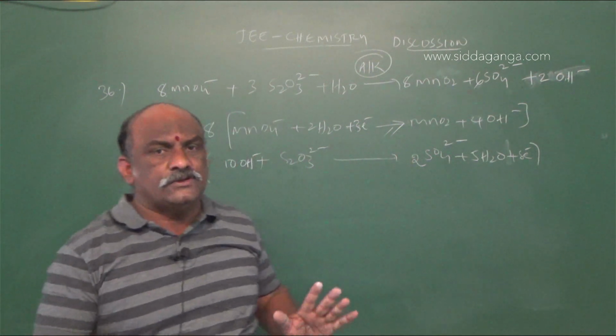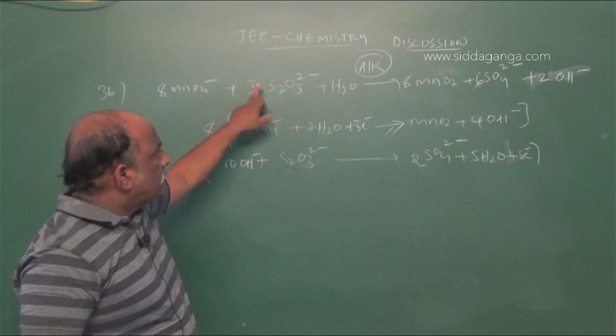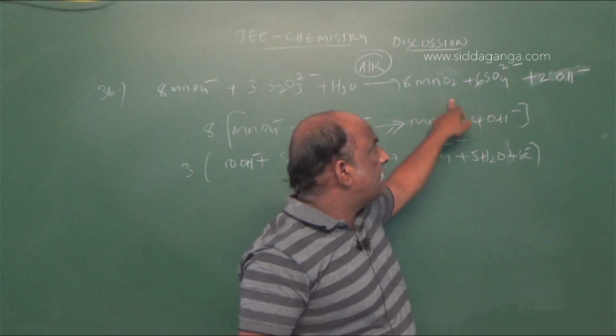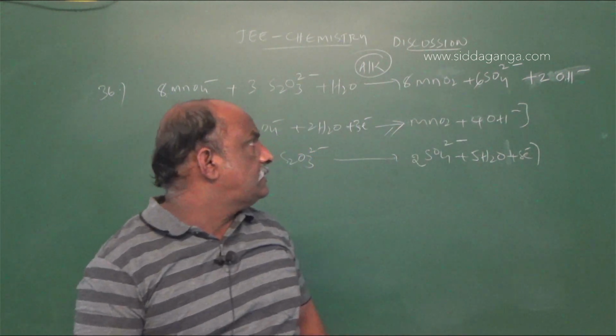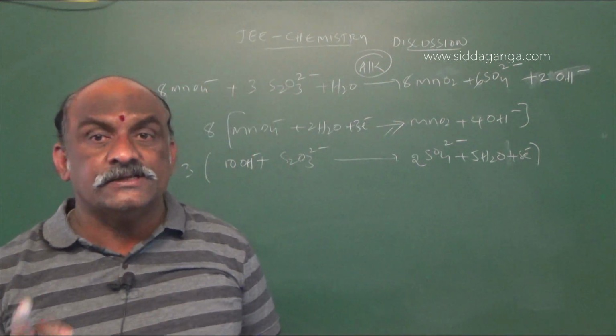This is what we required. So that's the standard equation: 8 permanganate plus 3 thiosulfate plus water gives rise to 8 manganese dioxide plus 6 sulfate plus 2OH minus. That is the balanced, standard equation.